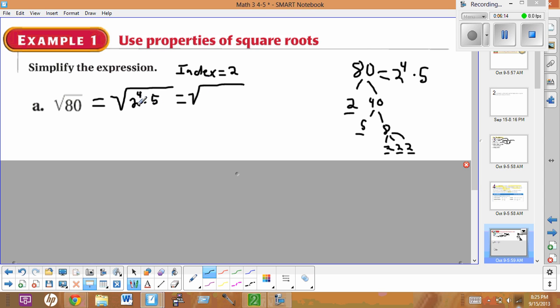So using our exponent properties, I know 2 to the 4th is 2 squared times 2 squared. And again, there's my power of 2 times 5. So remember, product property, bases are the same. We're multiplying, you add the exponents, 2 plus 2 is 4. That being said, since both of these have the power of 2, I can simply move them to the front.